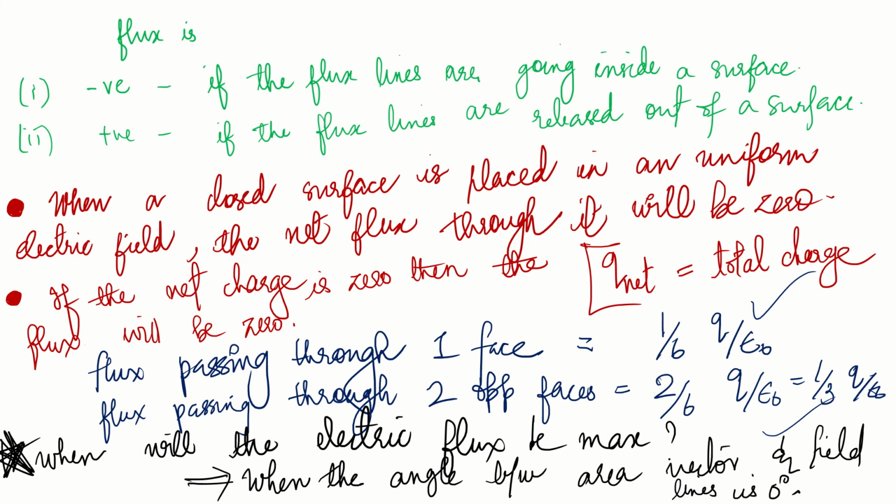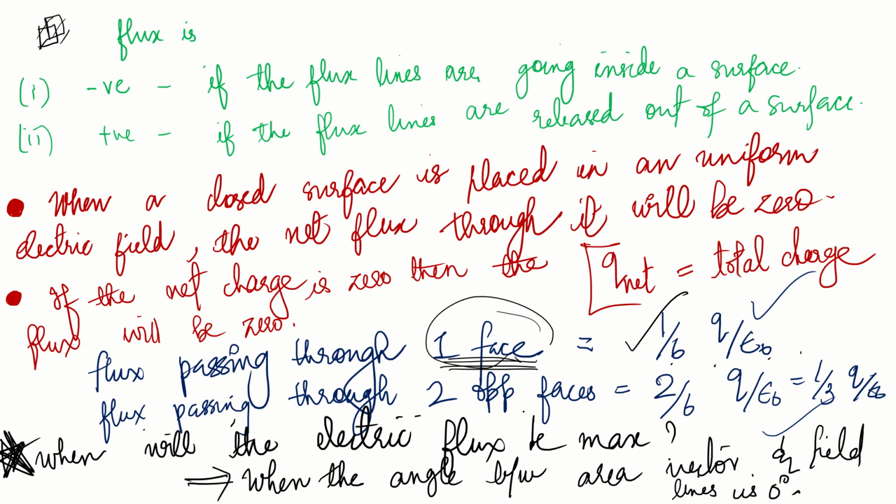Flux passing through one face. You usually get it in cube kind of questions. If they have asked to find the flux passing through one face, use this formula, 1 by 6 q by epsilon naught.